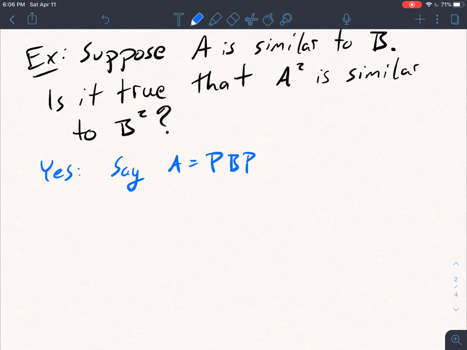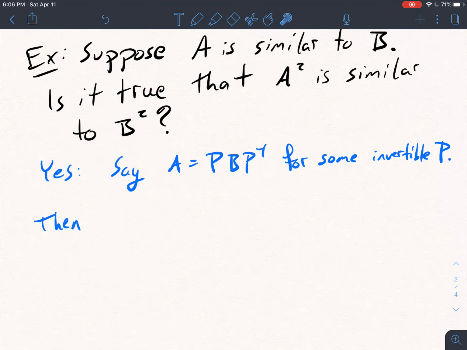And why would that be true? Let's say that A is equal to P times B times P inverse for some invertible matrix P. So I want to say something about A squared and B squared.